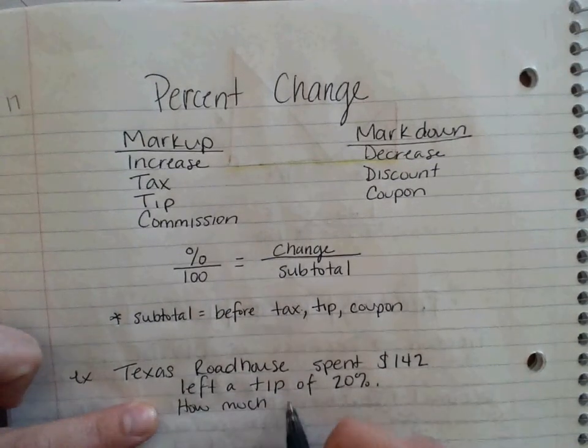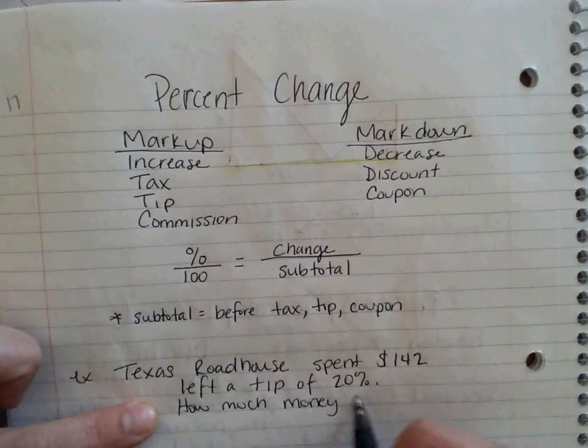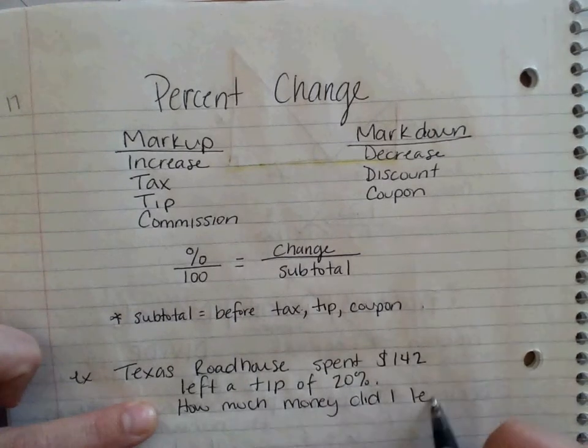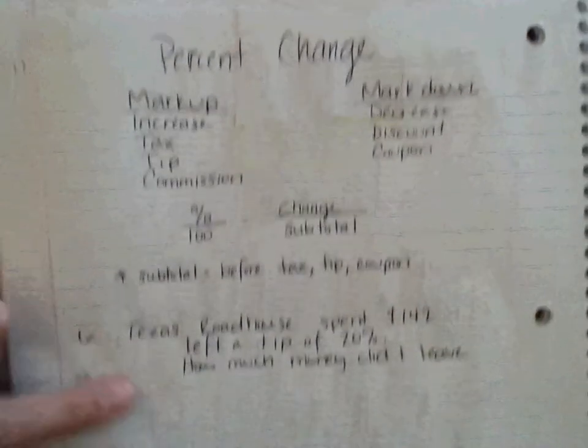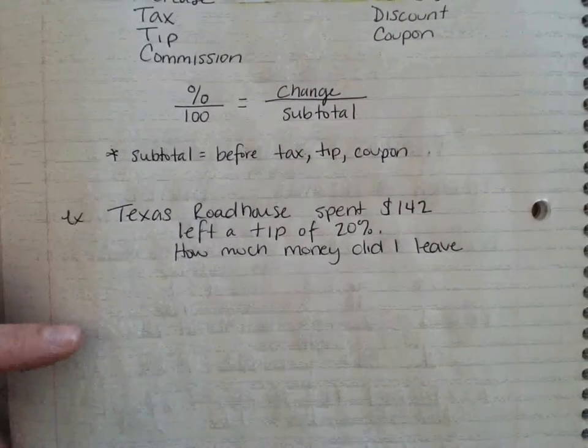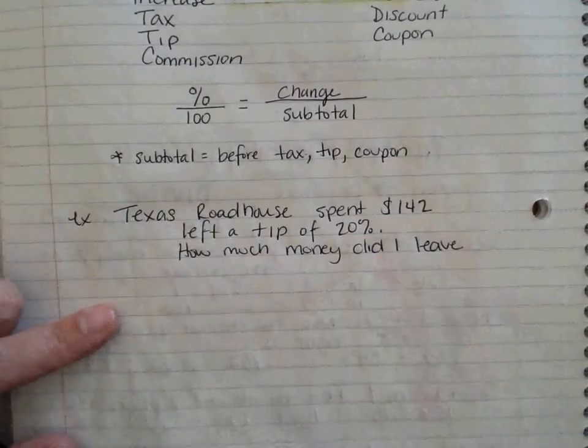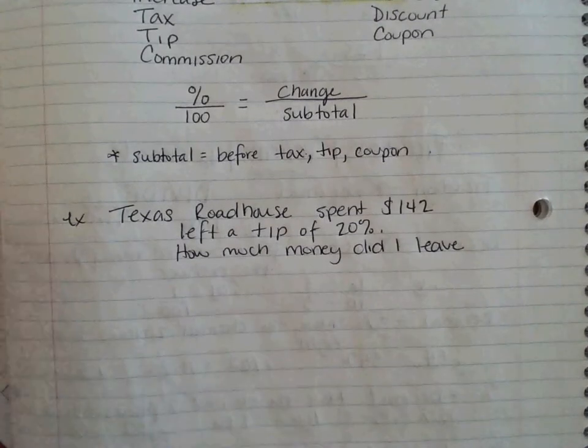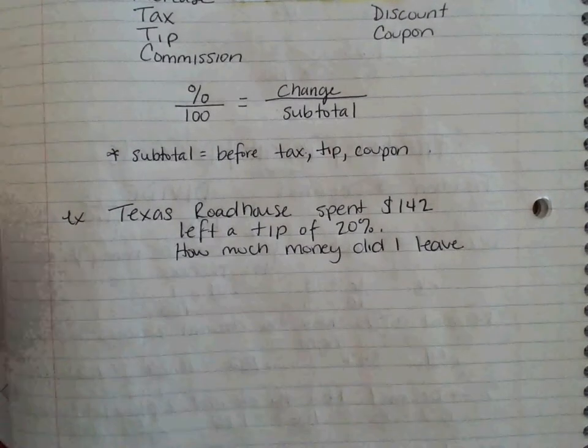How much money did I leave? Okay, so I went to Texas Roadhouse, I spent $142 and I left a tip of 20%. How much money was it that I left?